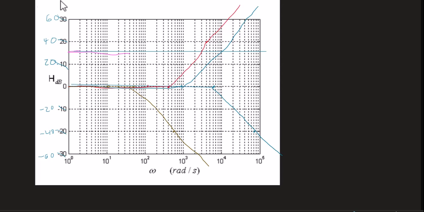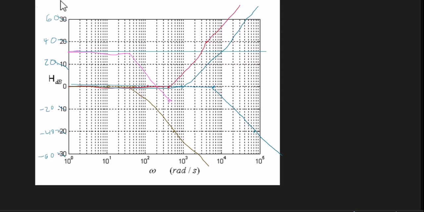And then I have a slope of negative 40 until I get to the next one, 400. That'll be a little bit after, so I'll go down 40, down here. Okay, a little bit before that.